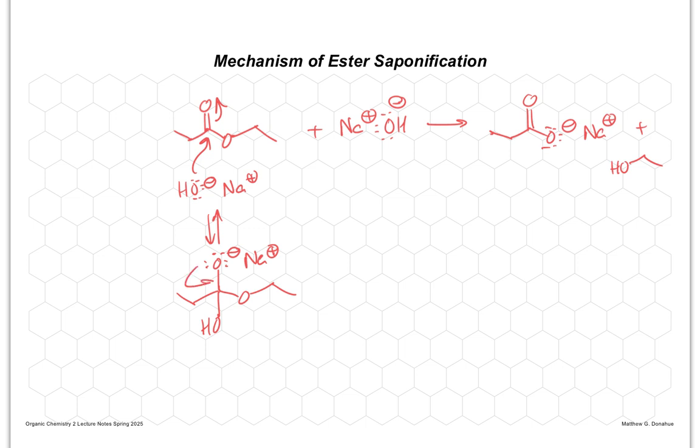What happens next is the elimination part. The negative charge will reform the pi bond, so that drives it. And now we're going to eject out the leaving group, which happens to be the conjugate base of ethanol, the alkoxide.